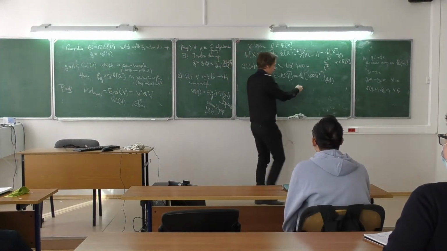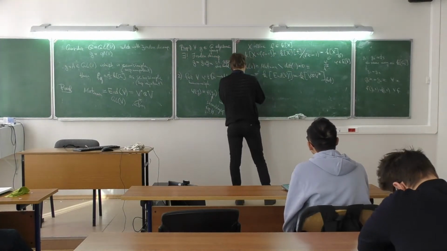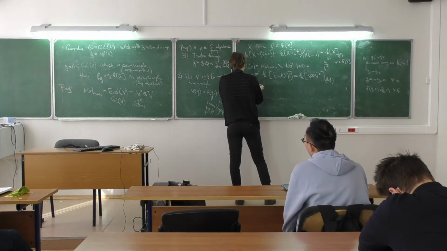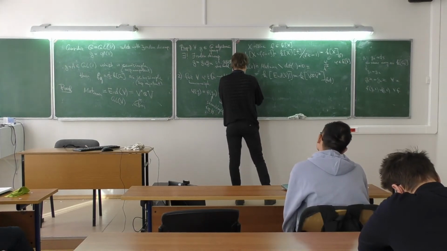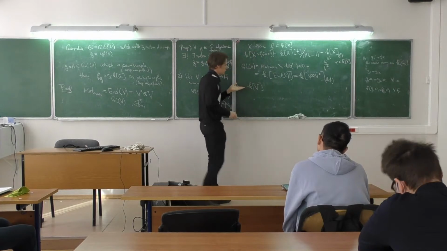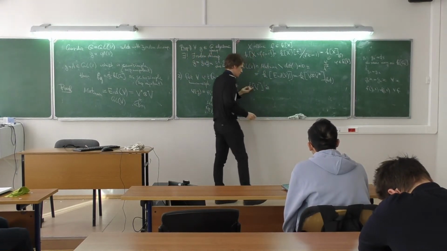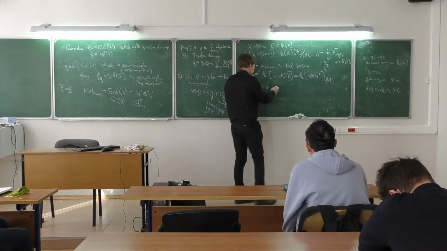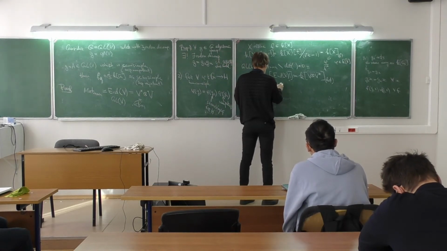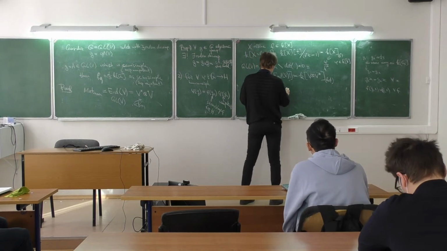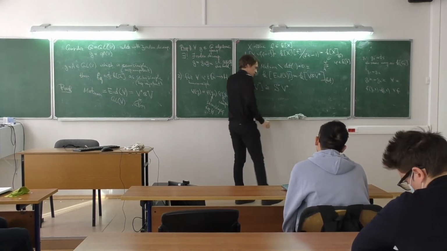So what happens if you consider the polynomial algebra? Then this is isomorphic to taking the symmetric power of the dual to the vector space.